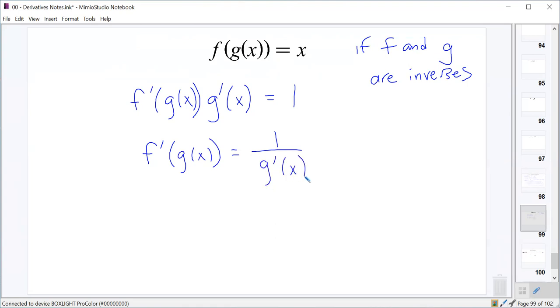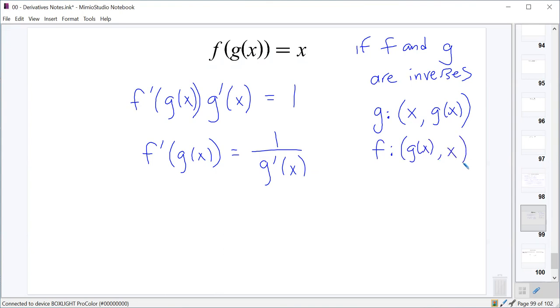And what we'll do is note that for g, at any x value, the y value is g of x, which means that g must contain that point. Another thing we know about inverse functions is that you can always exchange the x and the y values to find a point on the other function. So there's some point g of x, comma x on f.